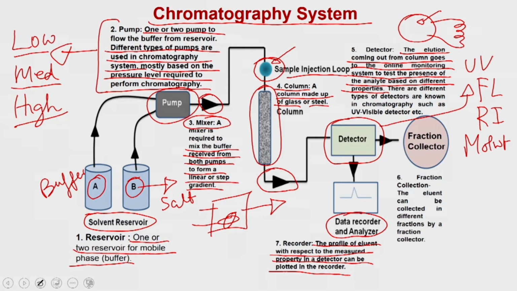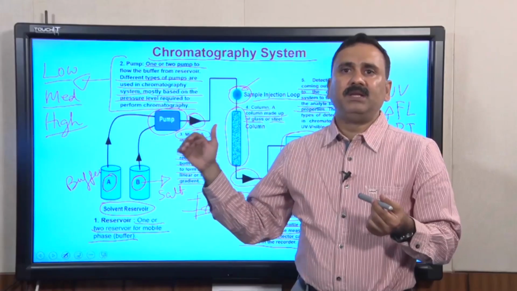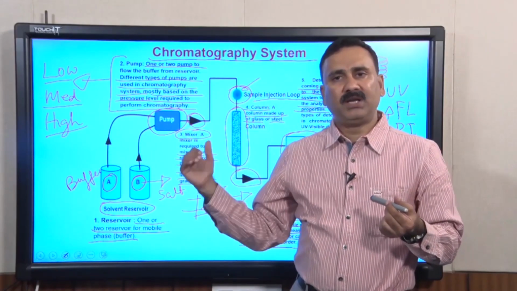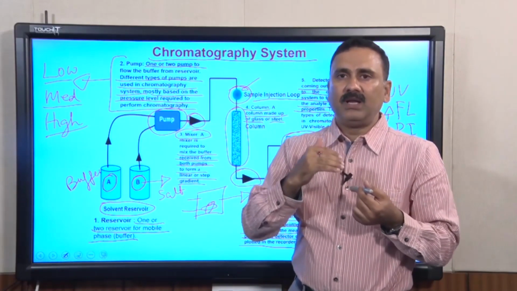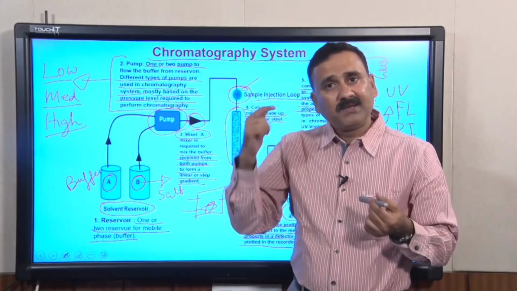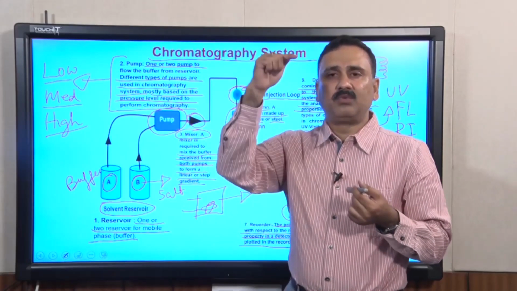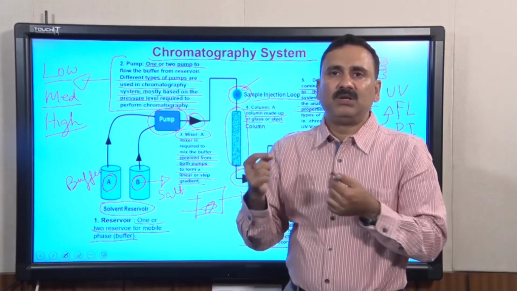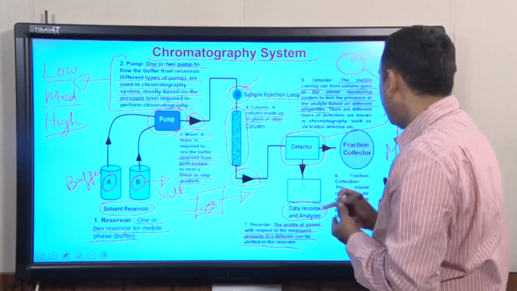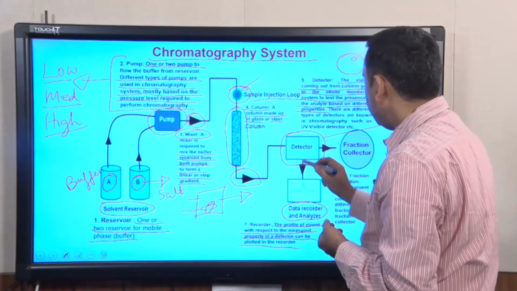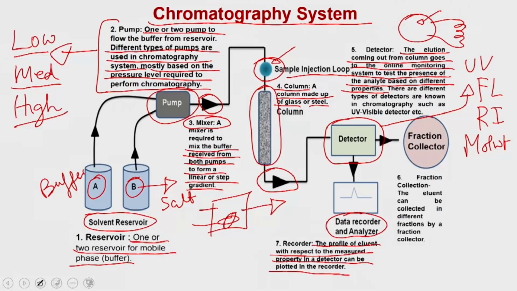The property is plotted against the elution volume or the elution time, and you can monitor that in an online system. As long as the protein is coming out, you are able to collect the fractions. Now this detector is also connected to the fraction collector.